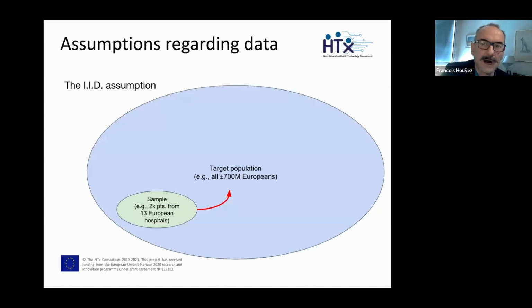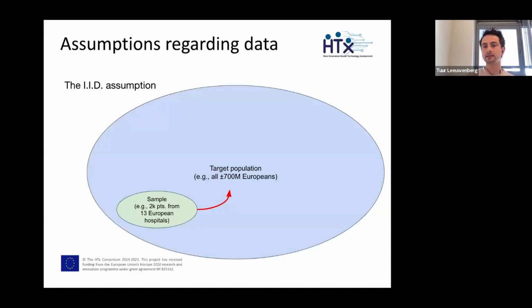If I may, so IID stands for? It stands for independently and identically distributed. The independently part means that the data of one patient does not depend on other patients.